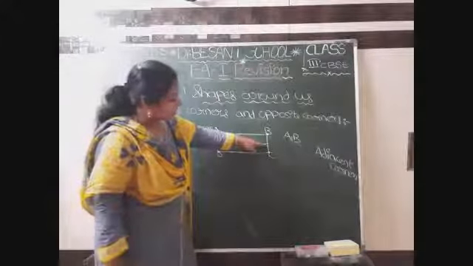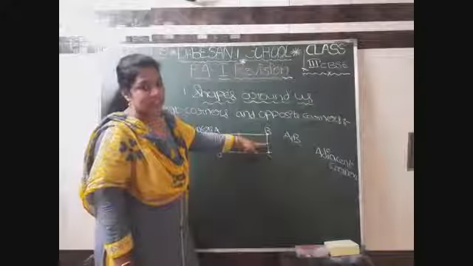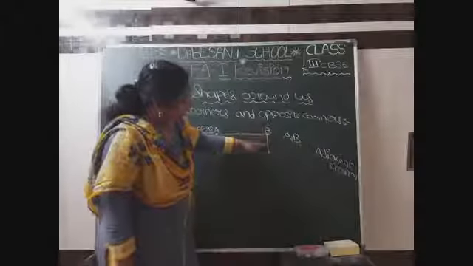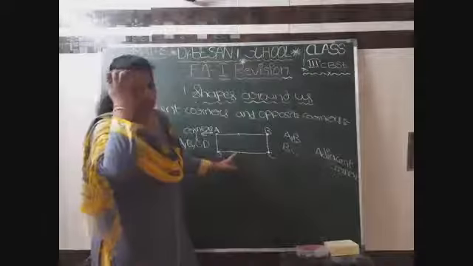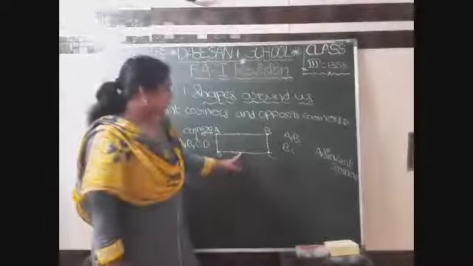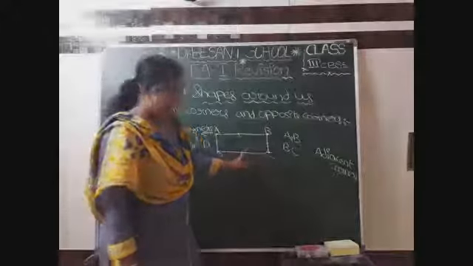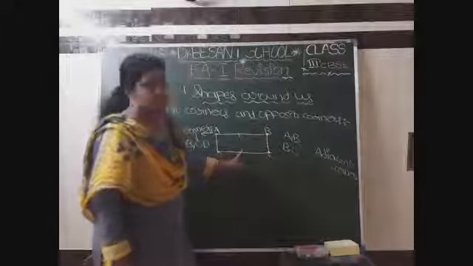Now can you say, children, for this BC side, what are the adjacent corners? Good. B comma C are sharing this BC side. That's why B comma C are also adjacent corners. Now for this CD side, C comma D are sharing this side.